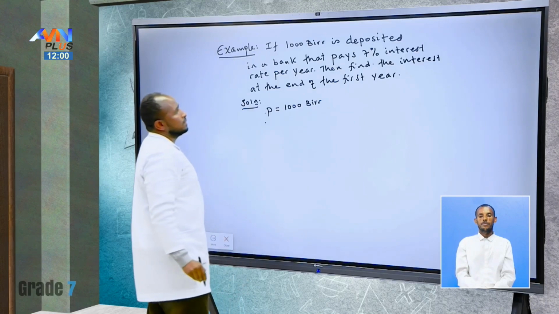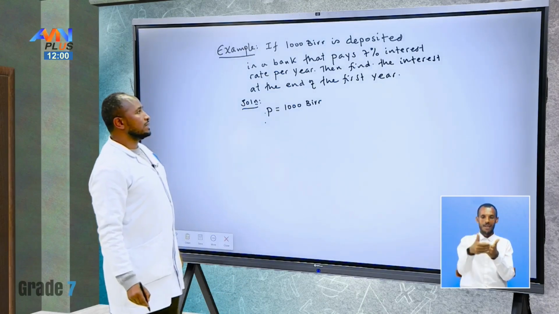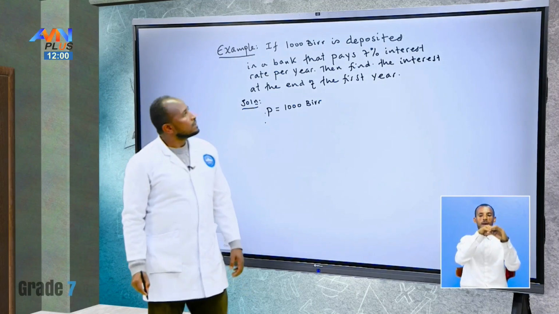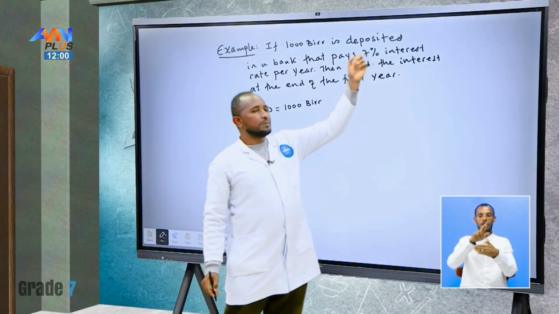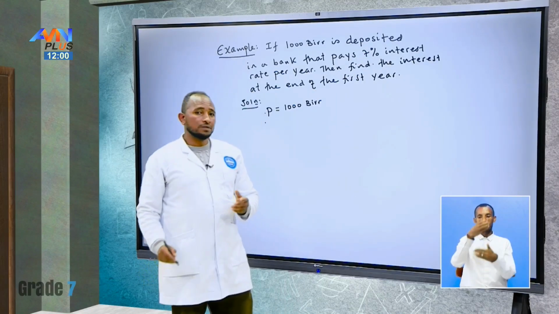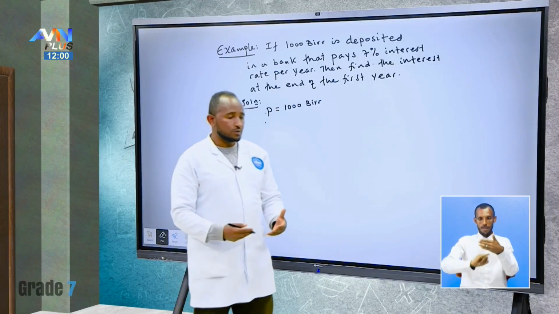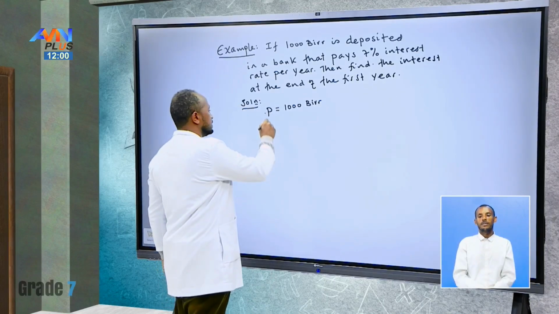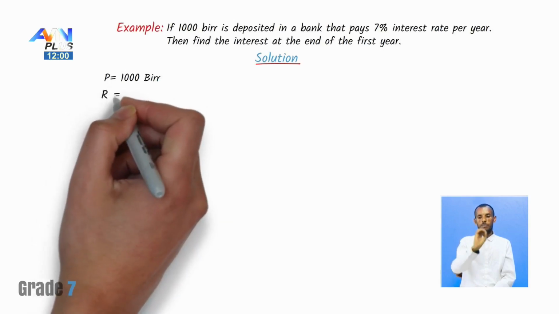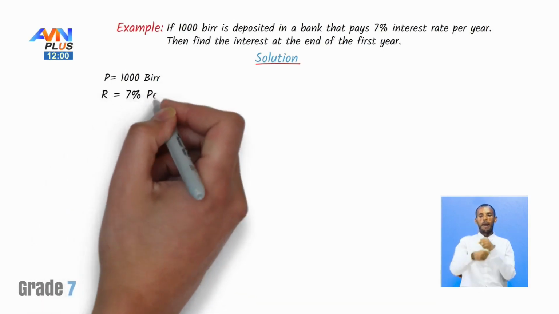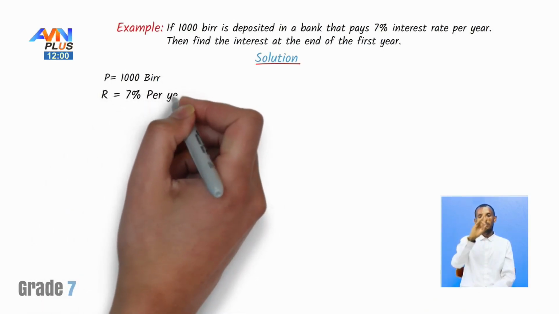Okay, now next is deposited in a bank that pays 7% interest rate. What does this 7% refer to? It is the interest rate. So the interest rate here is 7% per year.